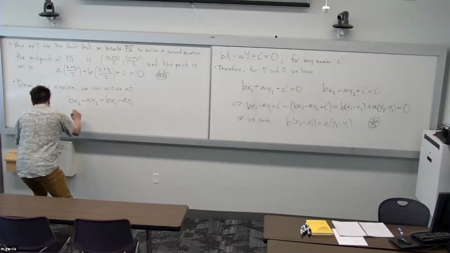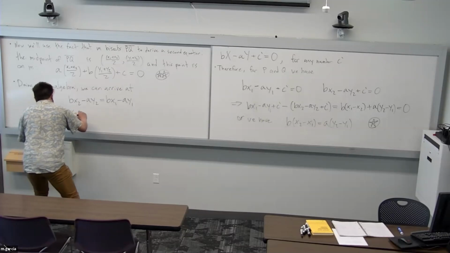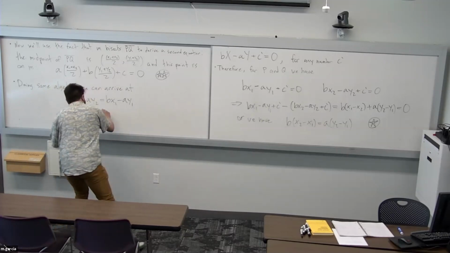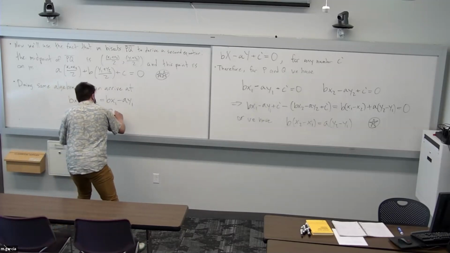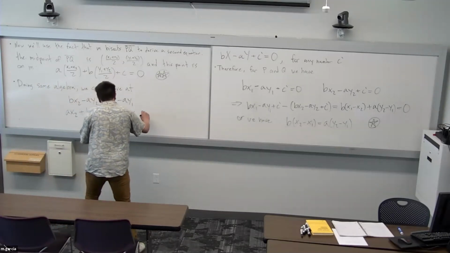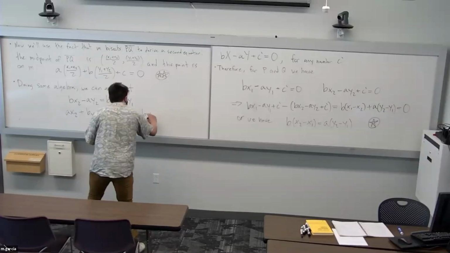And also a x2 plus b y2 equals negative 2c minus a x1 minus b y1.